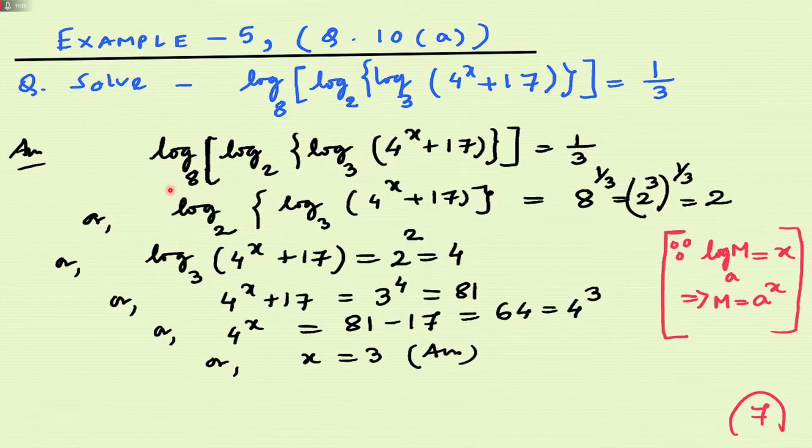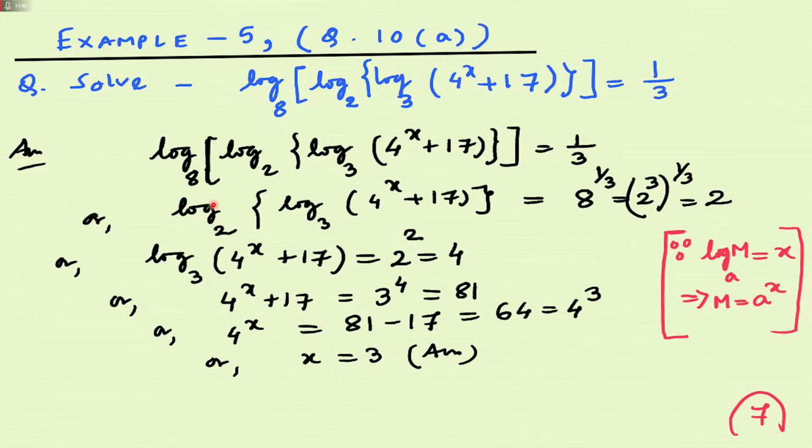So I am getting here log base 2 of log base 3 of 4 to the power x plus 17 is equal to 8 to the power 1 by 3. Just using this relation, I am getting here 8 to the power 1 by 3, and this 8 is nothing but 2 cube, so it will give you only 2.